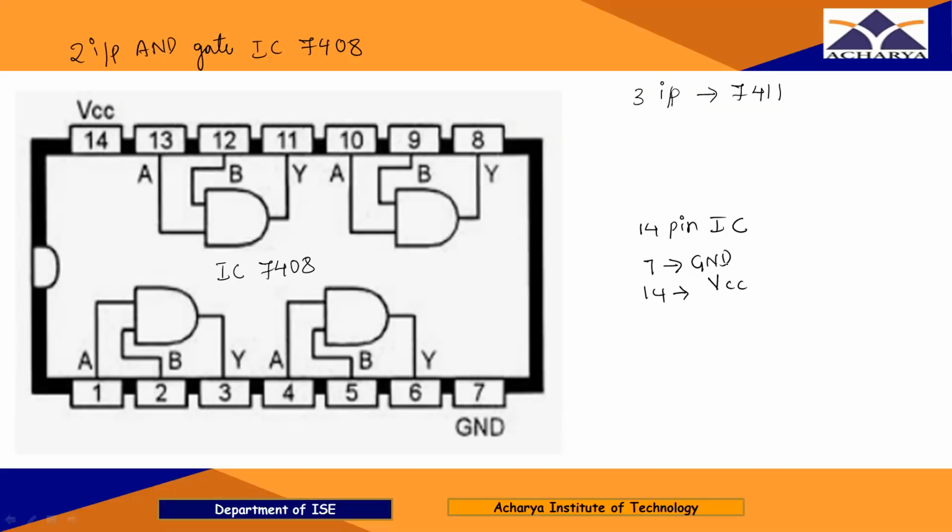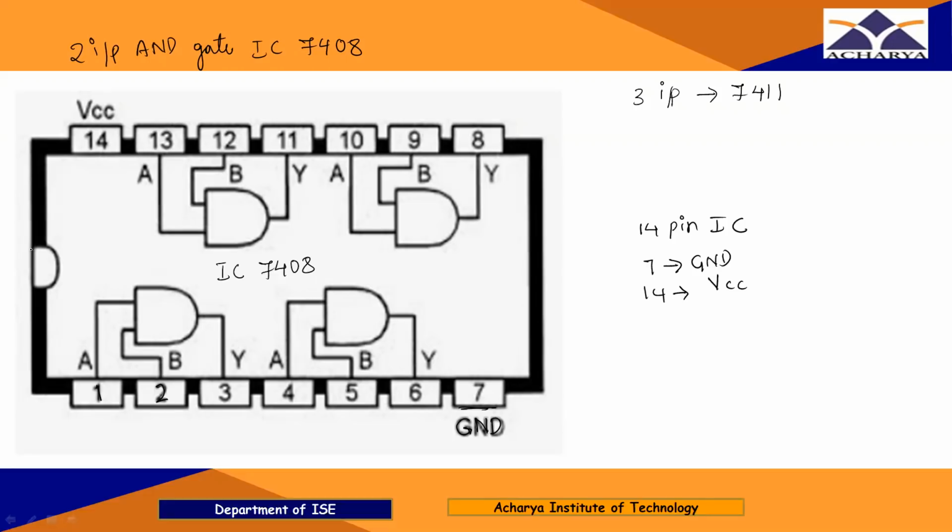If you observe carefully, this is pin number 1, this is 2, 3, 4, 5, 6, 7. See here, 7 is connected to ground. Here it is written ground, right? And pin number 8, 9, 10, 11, 12, 13 and 14 is for VCC, right?